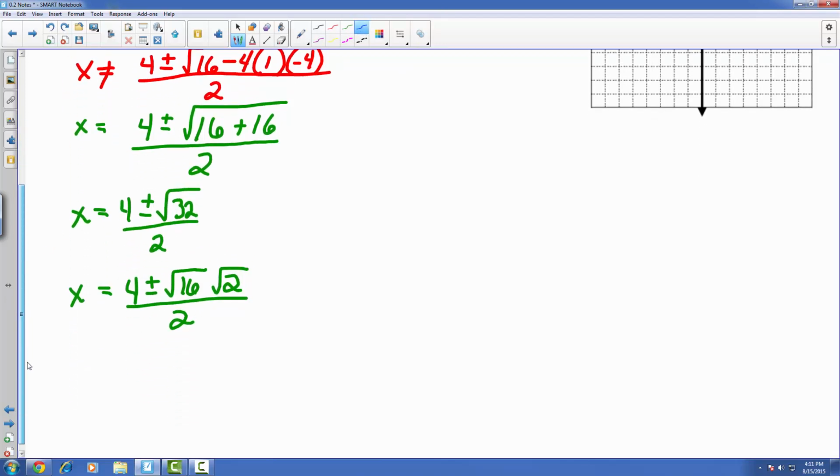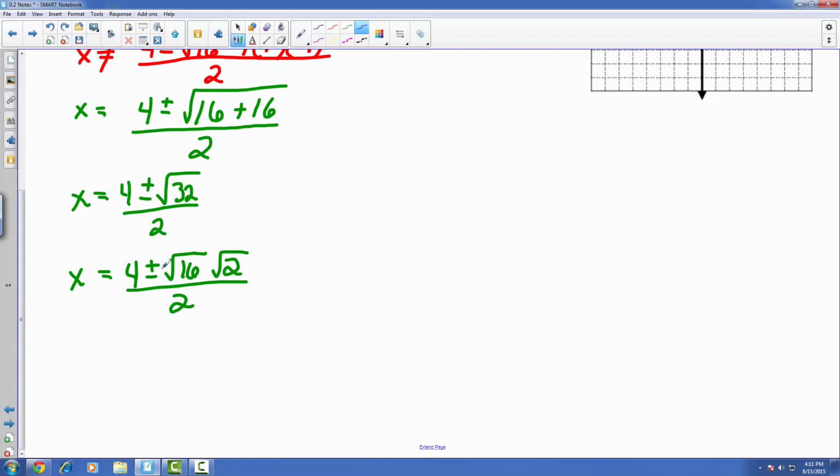Now the reason why we would do that is because we can actually take the square root of 16. So we end up then with 4 root 2 all over 2. And then just simplifying this further, we end up with x, oops, we should probably have these not equal to symbols. So x is not equal to, when you divide by 2 to the top, you'd end up with 2 plus or minus 2 root 2.